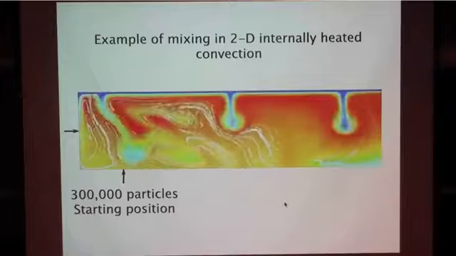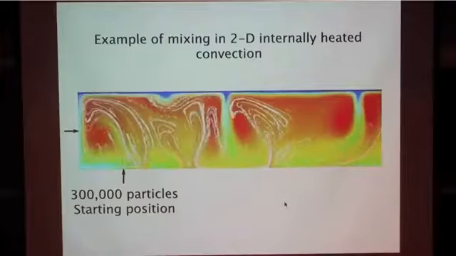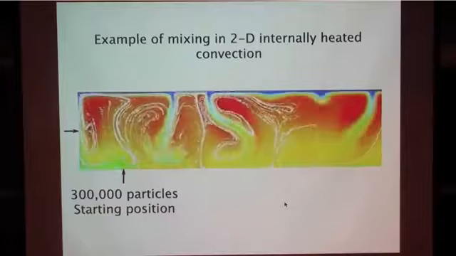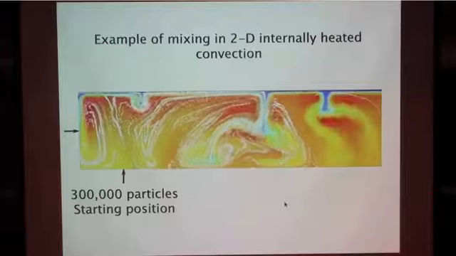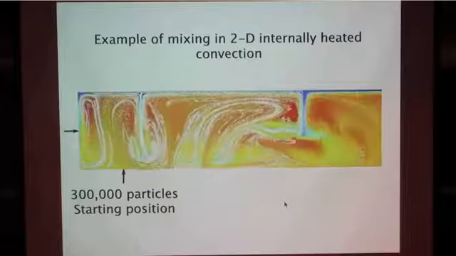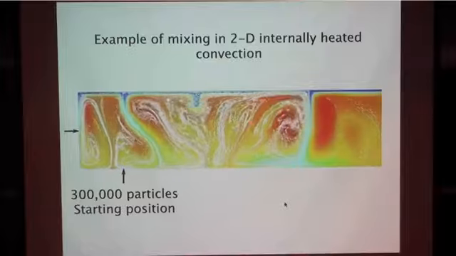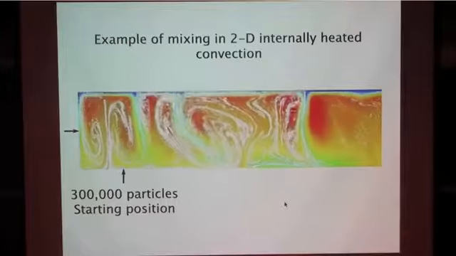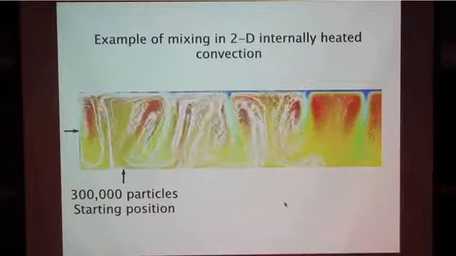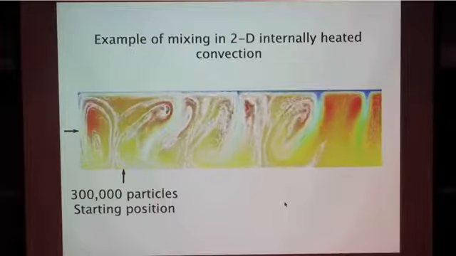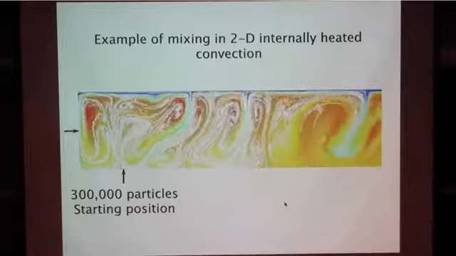They could go around the center of this for quite a while without really changing, but anytime they get near one of these stagnation points where there is exponential stretching, they are stretched, and that's where most of the mixing action is happening. So heterogeneity can be preserved in the interior of a convection cell as long as it doesn't get to a place where there's this kind of stretching. But once it does, there is lots of stretching, and that's where most of the mixing happens.